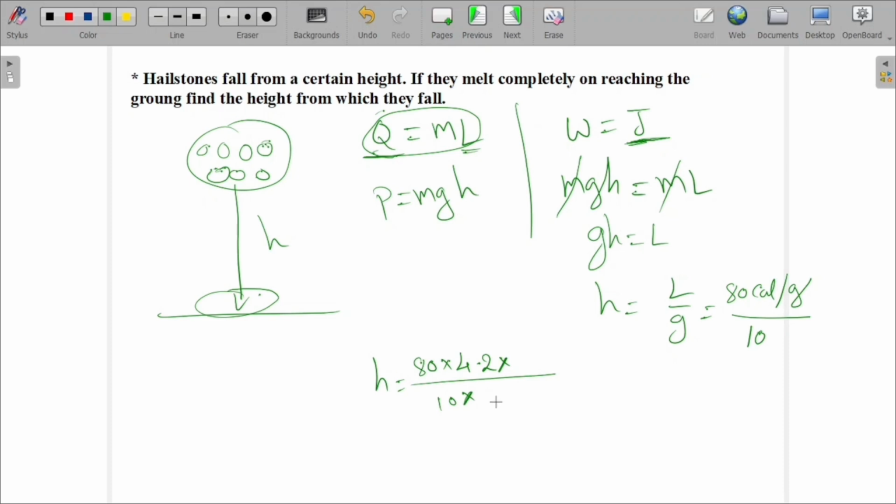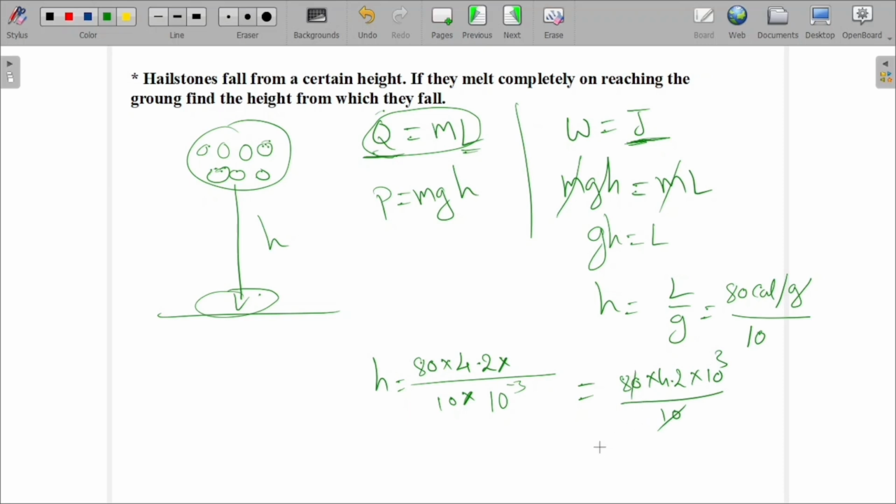Per gram means divided by 10 into gram. Gram should be converted into kgs. 1 gram equal to how many kgs? 10 power minus 3 kgs. You don't need to mention the units. So 10 power minus 3 goes up. So 80 into 4.2 into 10 power 3 by 10.